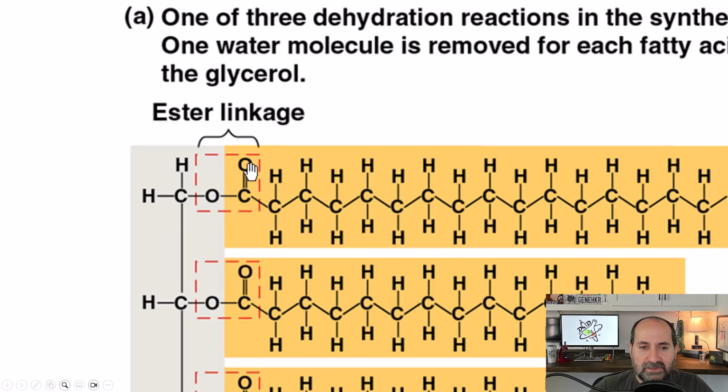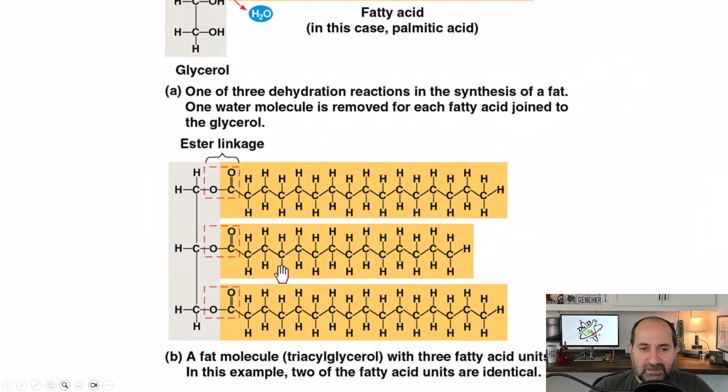And now this right here, when you see O double bond C, O, C, that's known as an ester linkage. An ester linkage forms joining the fatty acid tail to the glycerol head. And you do that 3 times and you have a fat, right?